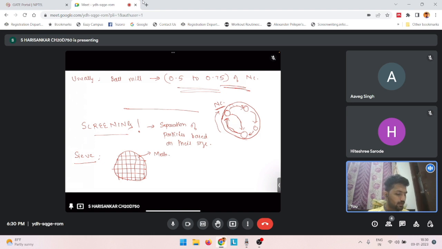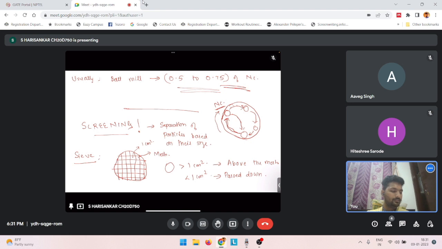And what happens is, if you have a particle and let's say this mesh opening has a size of 1 centimeter square or something, let's say that is the area of this mesh opening. If your particle is greater than 1 centimeter square, it will be retained above the mesh. And if it is less than this mesh opening, it is passed down through the mesh. And that is how separation of the particles happens using a sieve or a mesh.